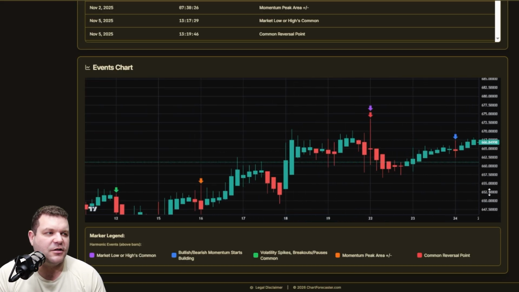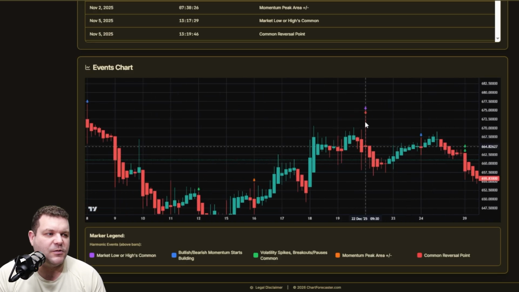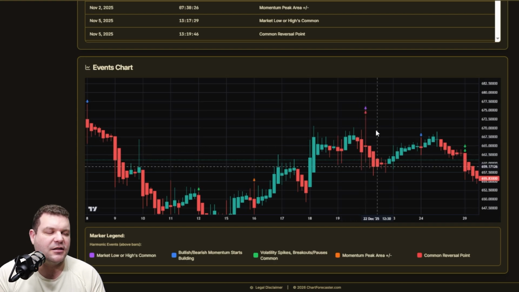Chart Forecaster also predicted that this crazy wick here was going to be a reversal point, and that it was going to be a market high or low. So during this trading session, the hour of 9:30, price went way up, and then it reversed exactly at the point in time that Chart Forecaster thought it would do that.